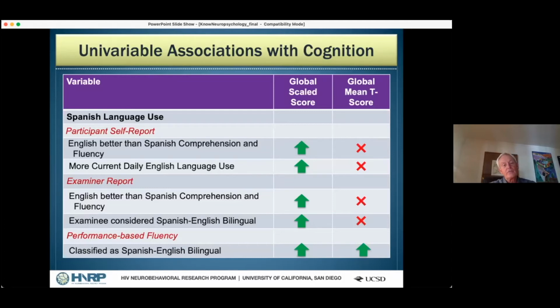If it was 2/3 or higher, we classified them as primarily English speaking. If it was 1/3 or less, we classified them as primarily Spanish speaking, and we didn't have anybody like that, by the way. And if it was in the middle between 1/3 and 2/3, we classified them as bilingual, and bilingualism was important for both. Next.